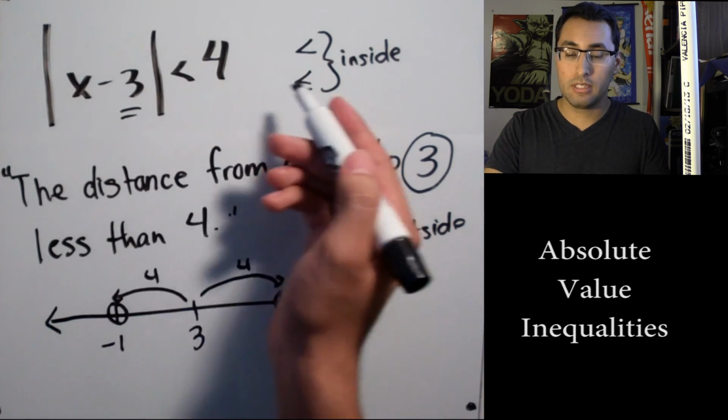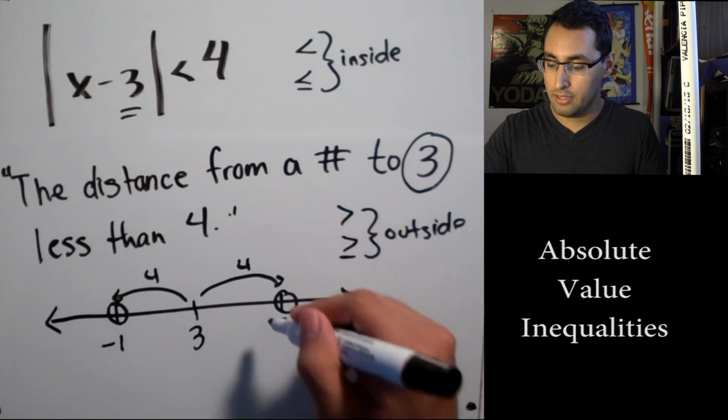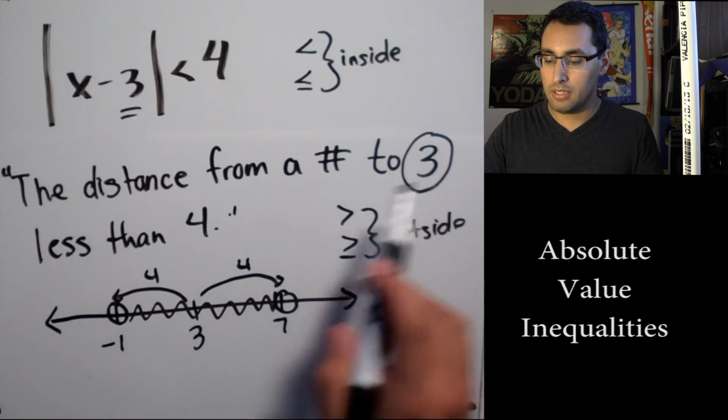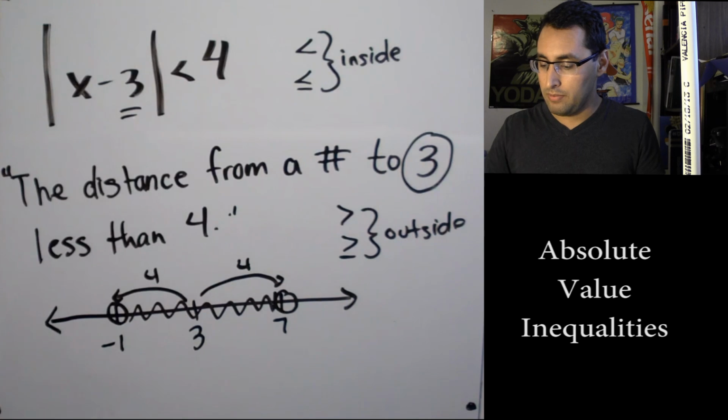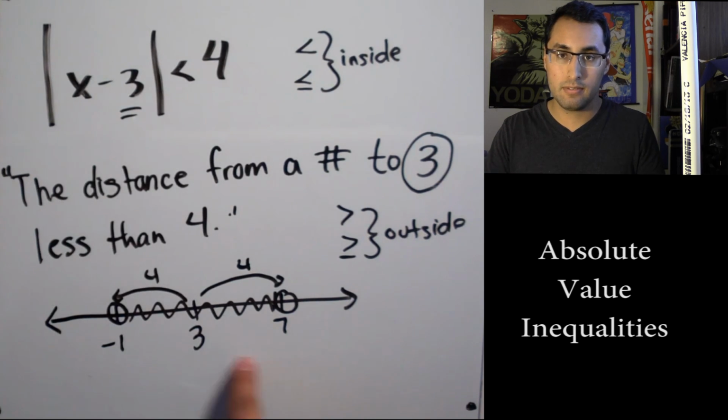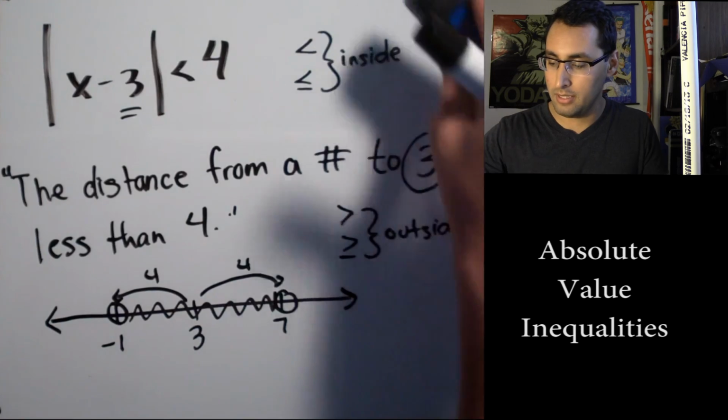We have a less than, so you're going to shade in between. The distance from a number to 3 is less than 4. If I start at 3 and it's less than 4, you could have 4, you could have 5, you could have 6. All these numbers are in here, they satisfy this inequality. I'm going to give you some other examples.